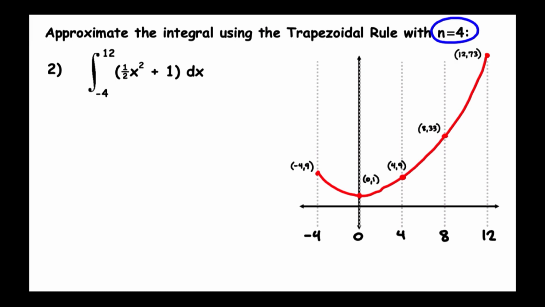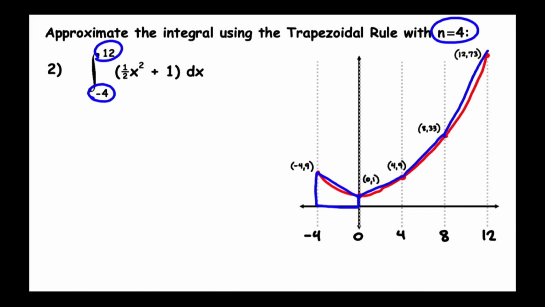So I knew that since I was integrating between -4 and 12, that was a total distance of 16 spaces. And since I have 4 trapezoids, 16 divided by 4, each trapezoid is going to be 4 units wide. That's why I counted by 4s on my graph. If I connect this with straight lines to make my trapezoids, you can see that these are my trapezoids.